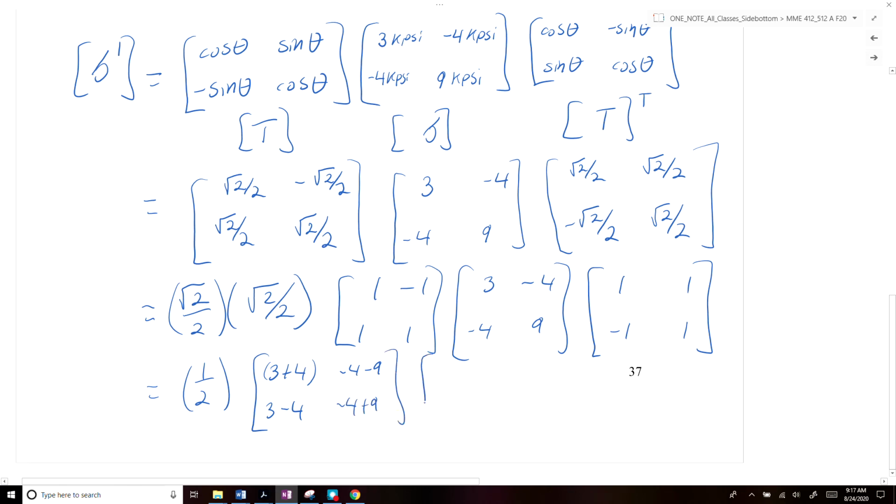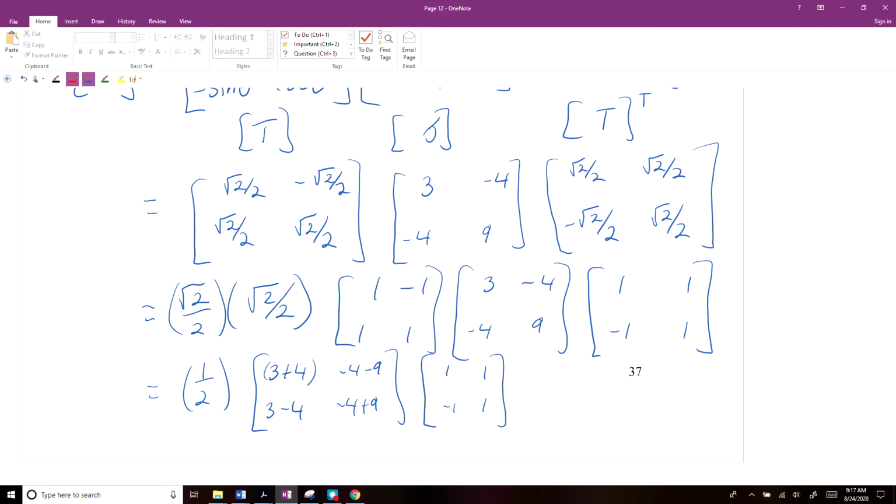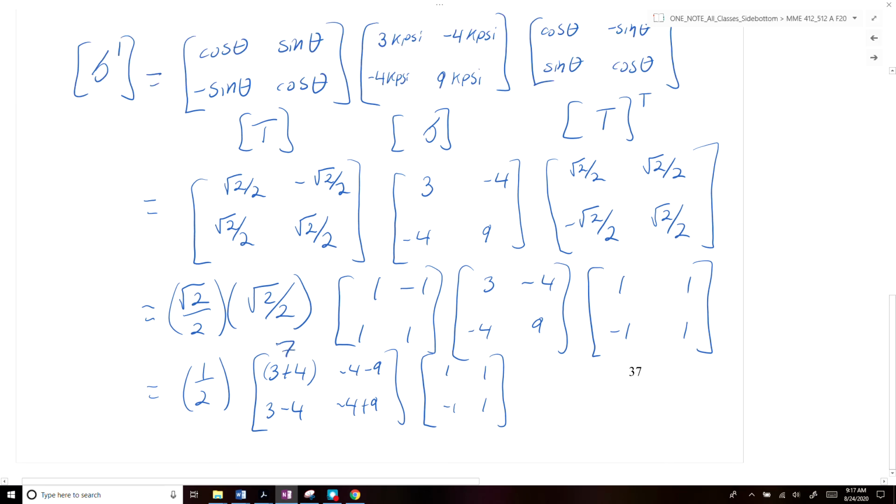Then we again multiply that new matrix by 1, 1, minus 1, and 1. Just adding these terms up, we would get 7, minus 13, minus 1, and 5.